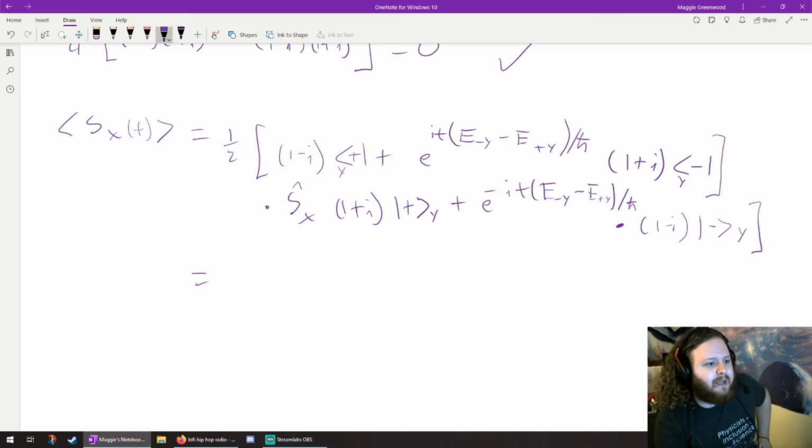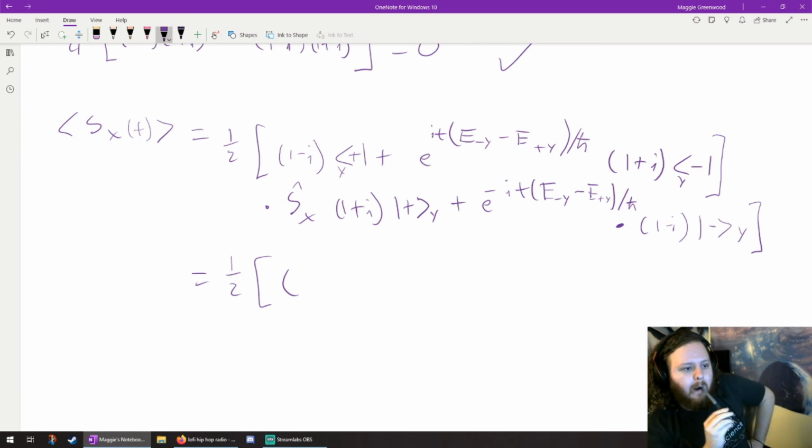Remembering that I made these omegas. So, as a row, keep the 1/2 out front. As a row, my bra looks like 1 minus i in the 1, 0 position. I have a choice here.